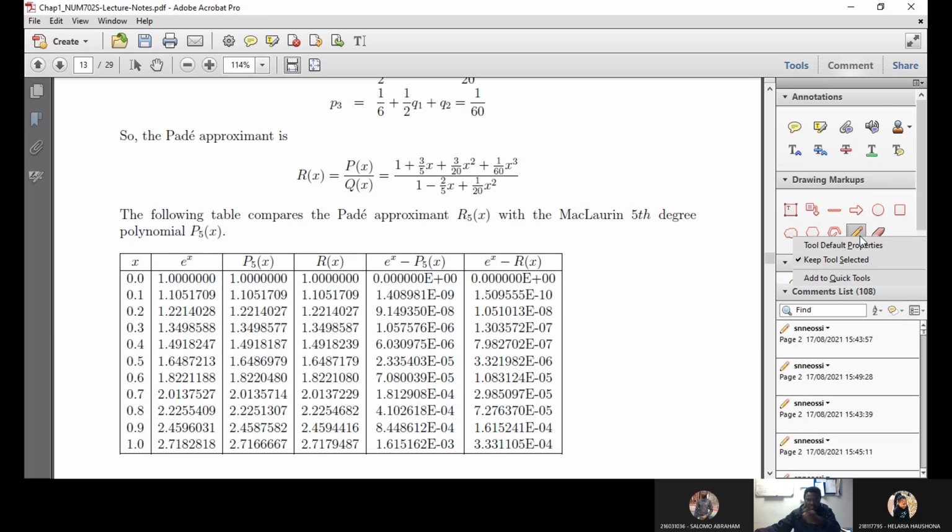Meaning that, in this case, the degree of the denominator is 2, the degree of the numerator is 3. So it will be quadratic in 3. That's what it means, because we'll be adding a second degree polynomial plus a third degree polynomial.